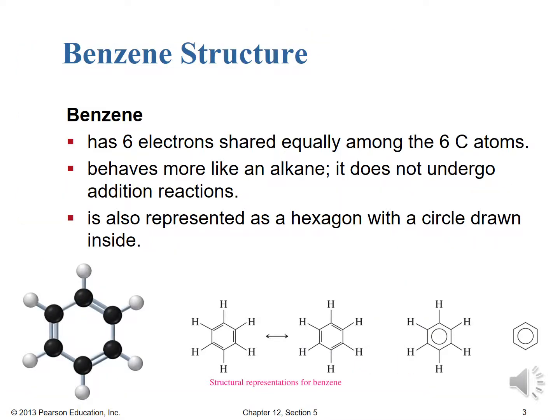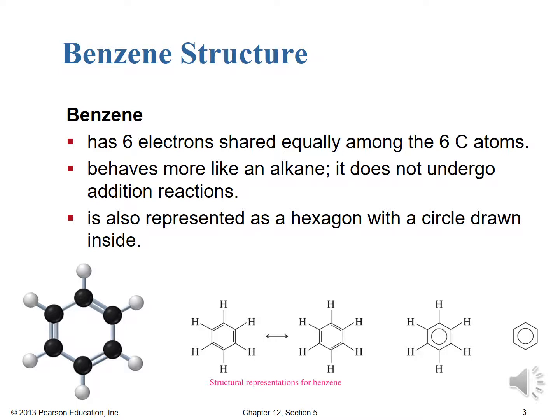All right, so as I just mentioned, benzene is a common theme with aromatics, so the benzene structure is important to recognize and understand. Benzene itself has 6 electrons shared equally among the 6 carbon atoms of its flat planar ring, right? They're shown here as alternating double and single bonds, but it doesn't really behave like that.